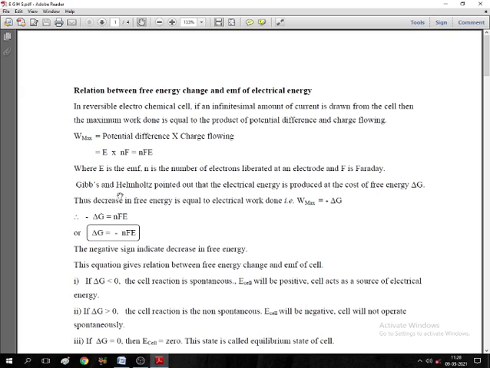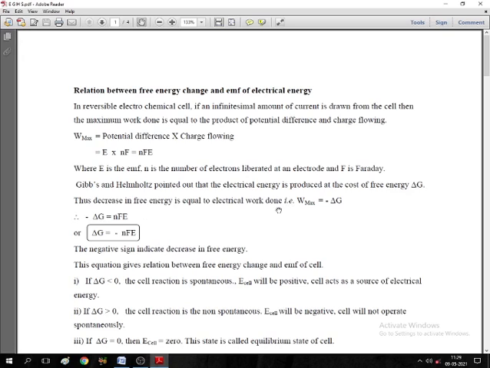Now, according to Gibbs and Helmholtz, who pointed out that the electrical energy is produced at the cost of free energy, that is delta G. What do Gibbs and Helmholtz say? They say that the electrical energy is produced at the cost of the free energy, that is the change in free energy, delta G. Thus, the decrease in the free energy is equal to the work done.